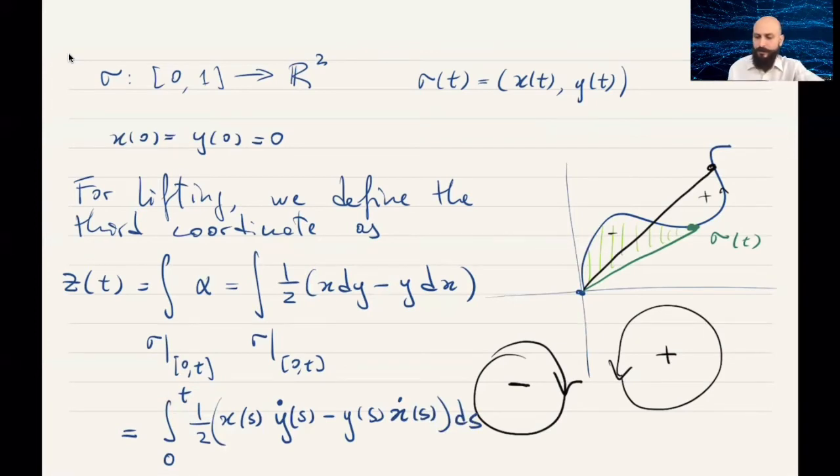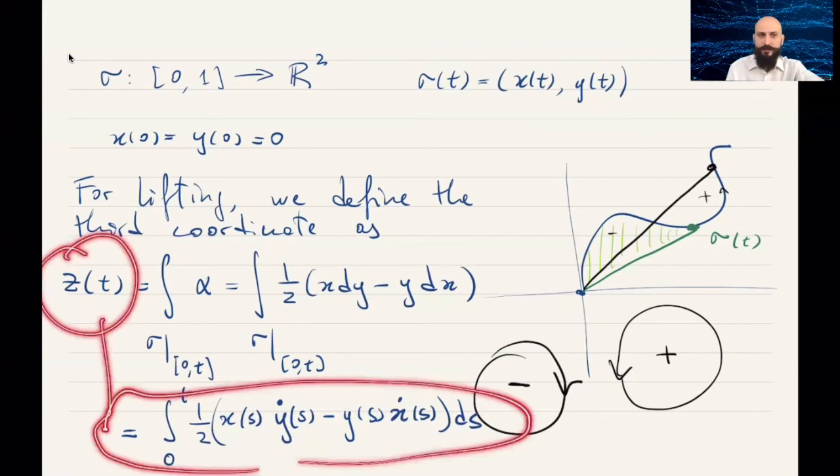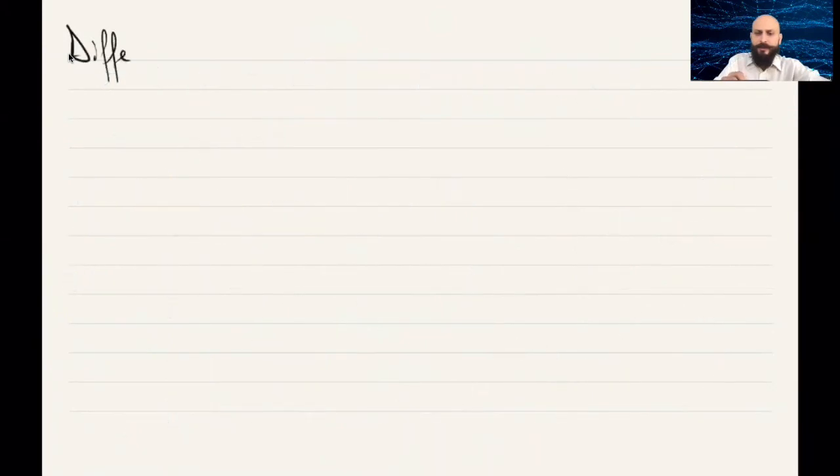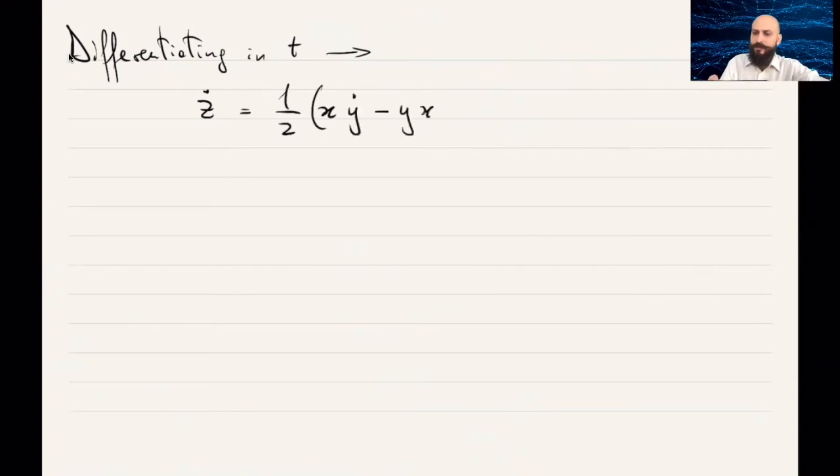Okay, now let's differentiate this equality. So z is the integral, and now let's take the derivative with respect to t. Differentiating in t, we get z dot equals 1/2 of x y dot minus y x dot.